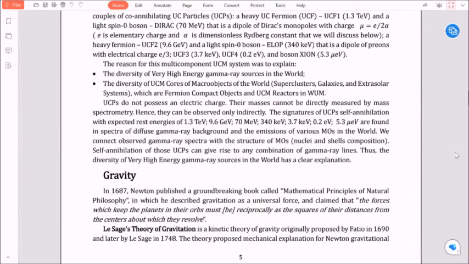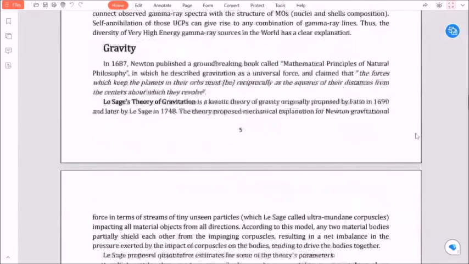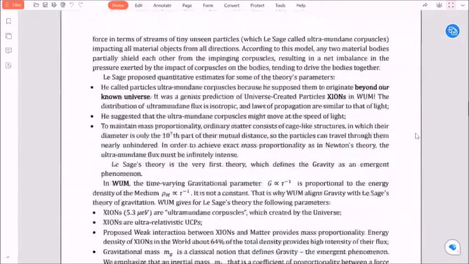Lesage's theory of gravitation is a kinetic theory of gravity originally proposed by Fatio in 1619 and later by Lesage in 1748. The theory proposed a mechanical explanation for Newton's gravitational force in terms of streams of tiny unseen particles, which Lesage called ultramundane corpuscles, impacting all material objects from all directions.